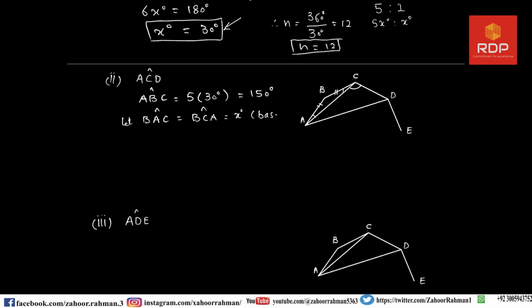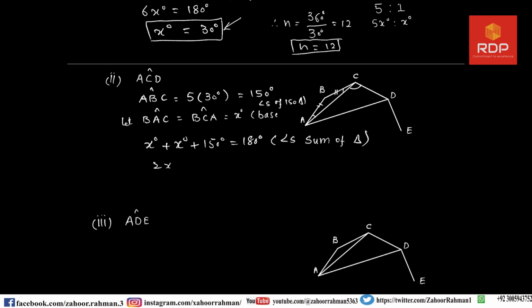Base angles of an isosceles triangle. So according to that theorem, we wrote it. So now x degree plus x degree plus 150 degree is equal to 180 degree, angle sum of triangle.